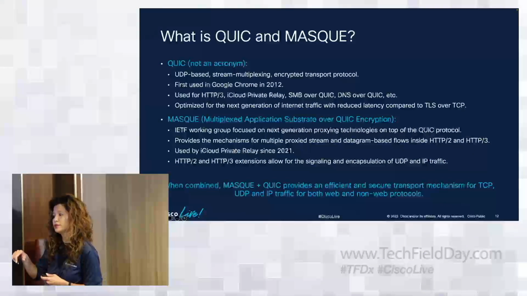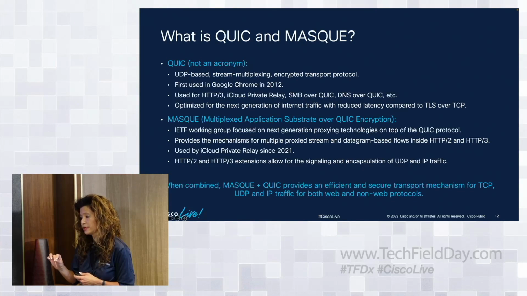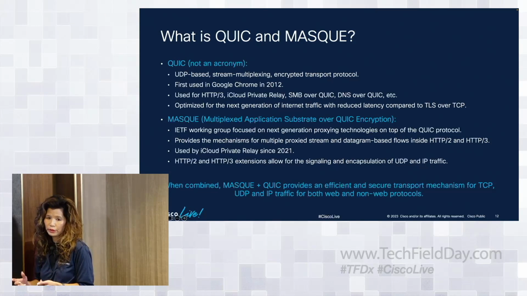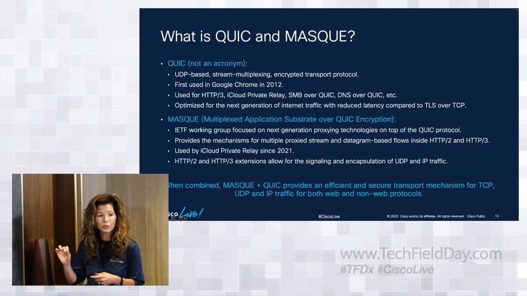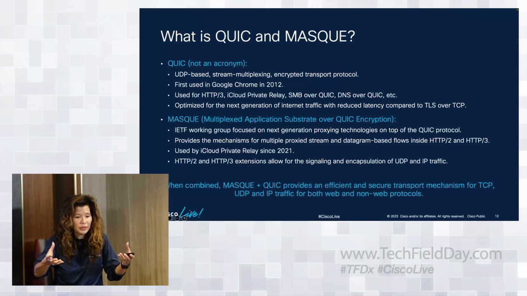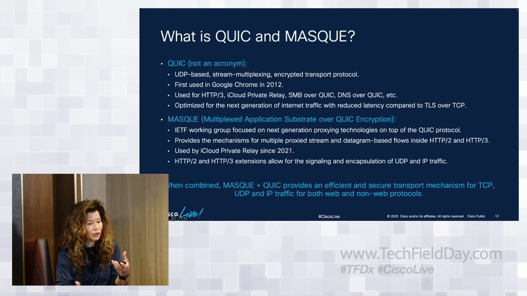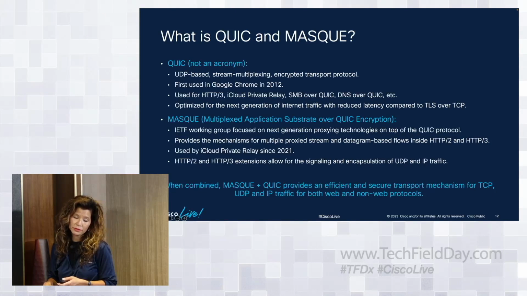The combination of these two is going to provide an efficient and secure transport mechanism that allows for all ports and protocols, TCP, UDP, IP traffic, for web as well as non-web protocols. You're going to be able to send all that traffic through this tunnel connection without having to do the traditional VPN method, which is a very device-encompassing method that also involves routing table changes. With these, you don't have to do that.